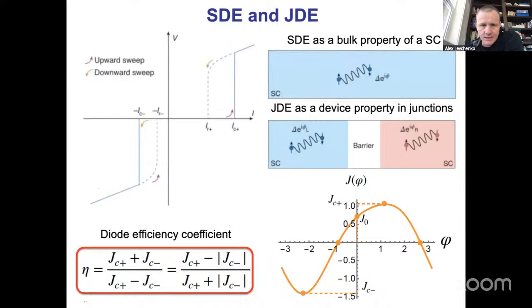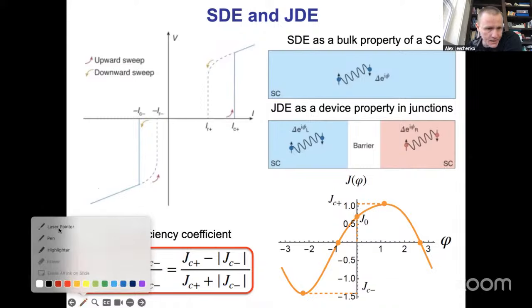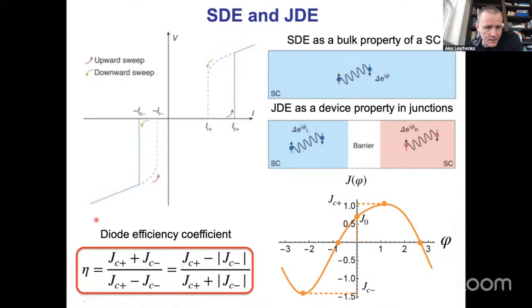We will inject the current into the device and look at the voltage. If the current is smaller than the critical current, we will be in the superconducting branch without the voltage drop across the contacts. And this will persist up until some critical value above which the system would jump into the resistive state.